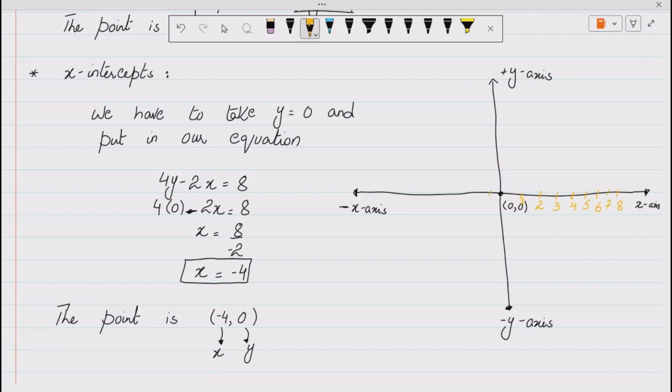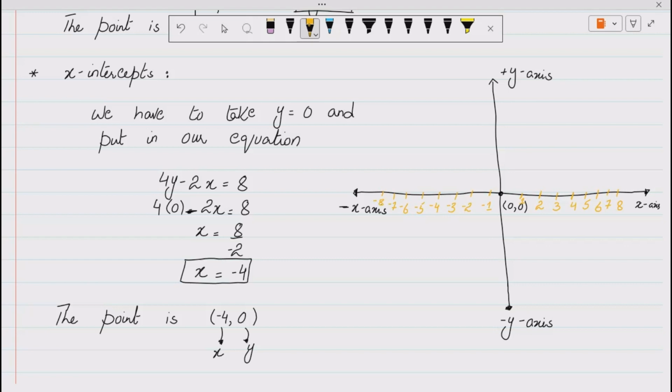Likewise, we can do the same thing on the left hand side in negative values: -1, -2, -3, -4, -5, -6, -7, -8, and so on.